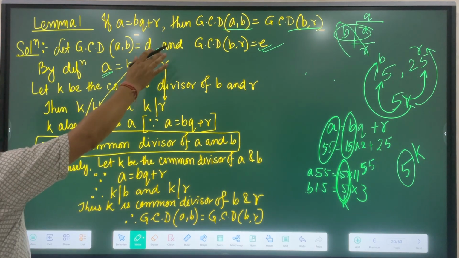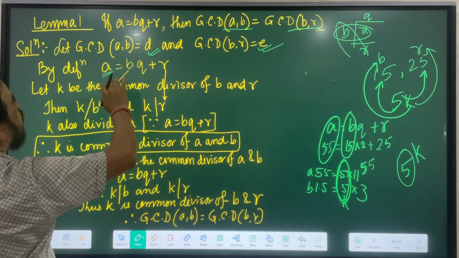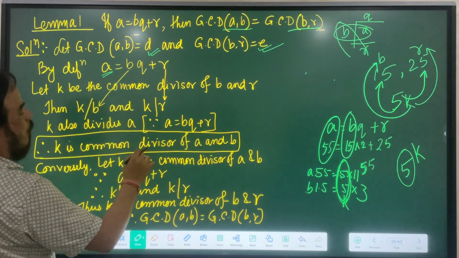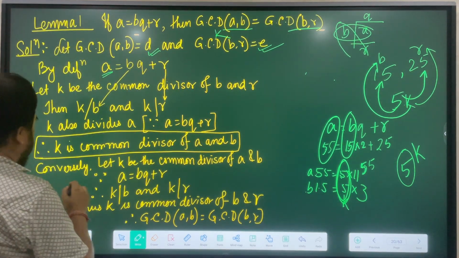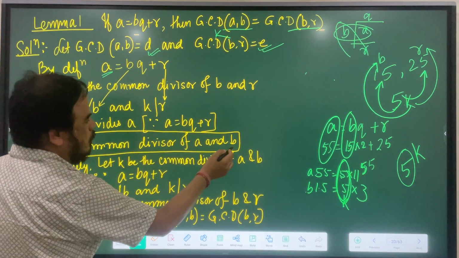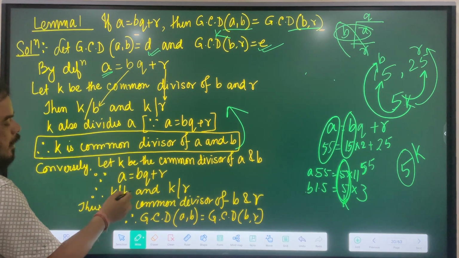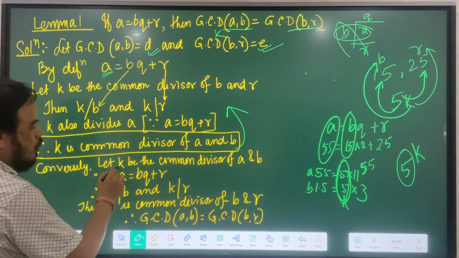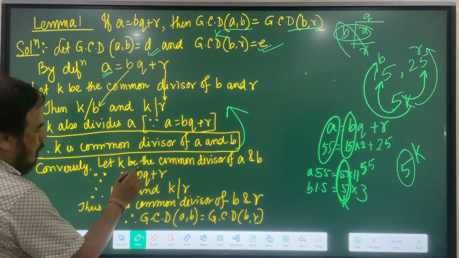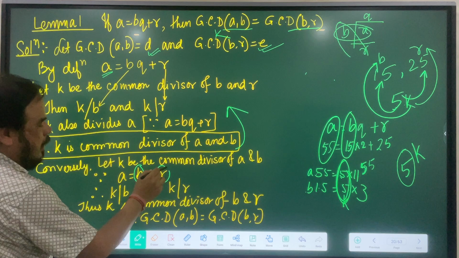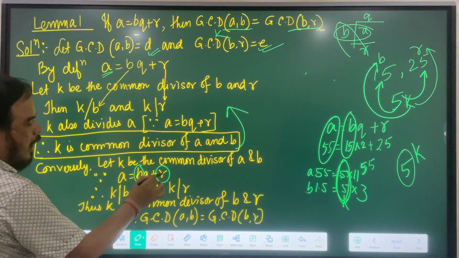Conversely, this one you have proved now. What we have proved: if A equals BQ plus R, then K is a common divisor of A and B. Now, conversely, let K be the common divisor of A and B. Then A equals BQ plus R, so by K, B can be divided and R can be divided, because of the common divisor.